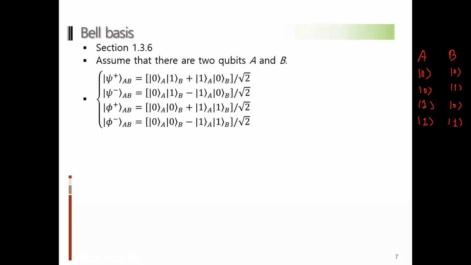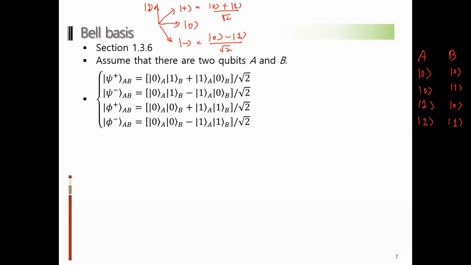And if you remember how we discussed the relation between the 0 and 1 basis, then we can also consider the plus state, which was the summation of 0 and 1, and the minus state, which was the difference, the 0 minus 1 state.